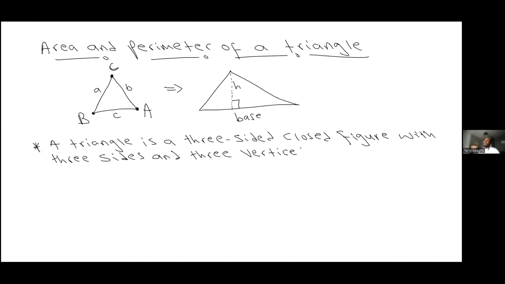Okay? So a triangle is a three-sided closed figure with three sides and three vertices. All right? So that's a triangle.